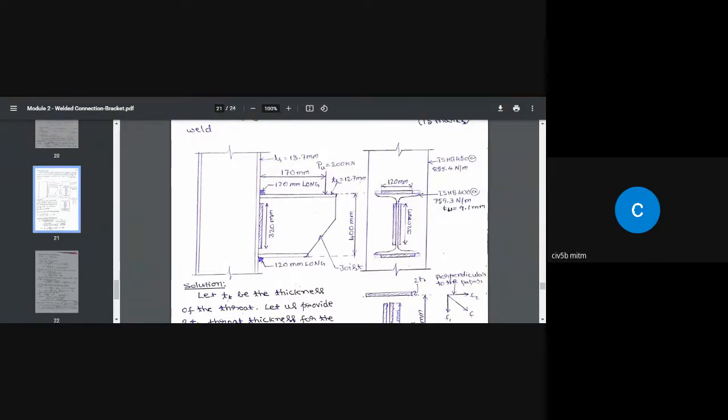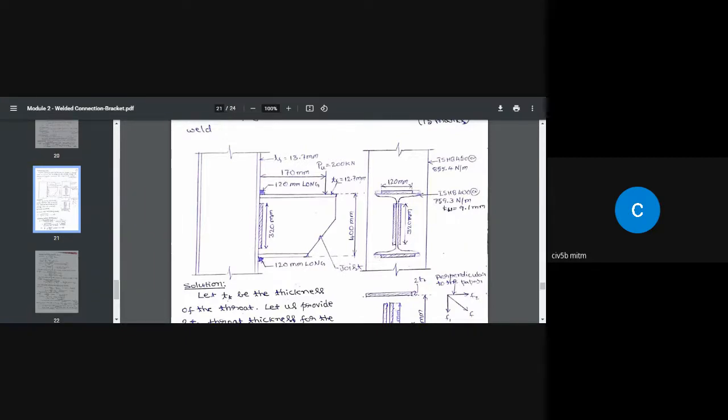It says over 10 millimeter and up to and including 20 millimeter, that is, less than or equal to 20 millimeter and greater than 10 millimeter. So here the thickness of the thicker part is 13.7 millimeter, which falls between 10 and 20 in the table of the code book.